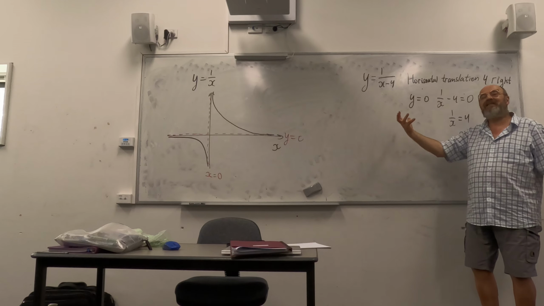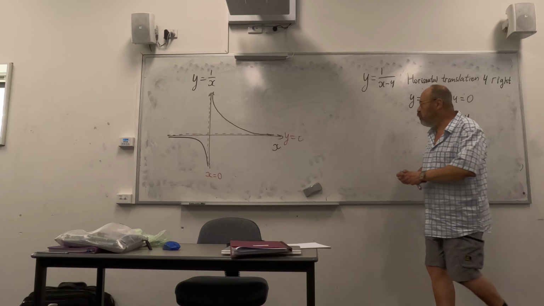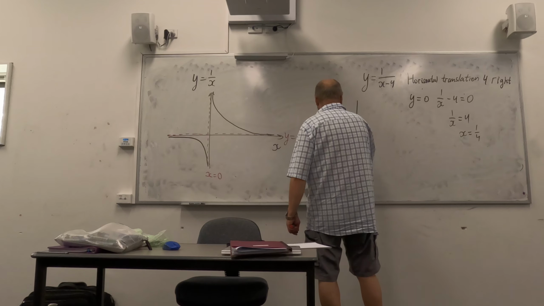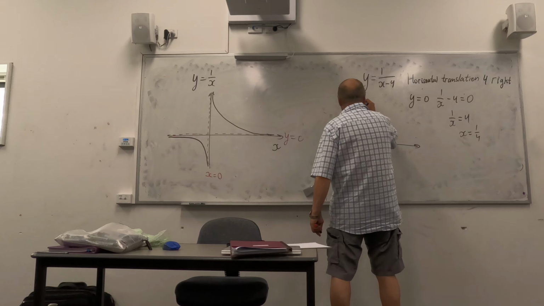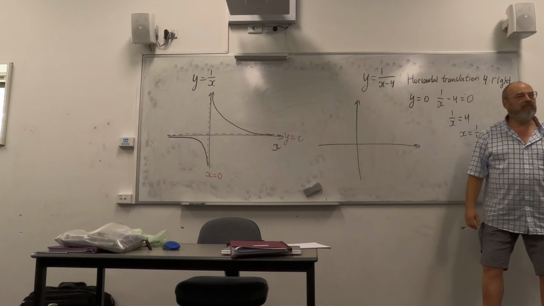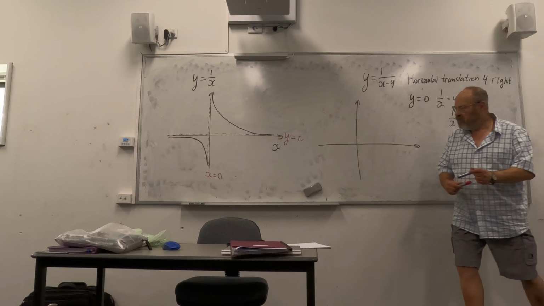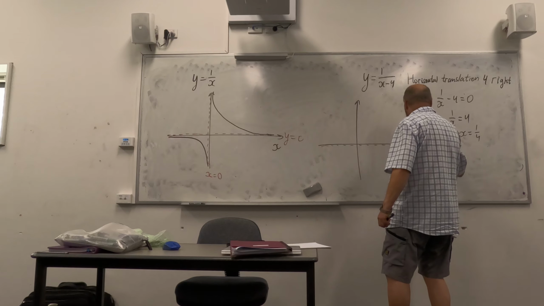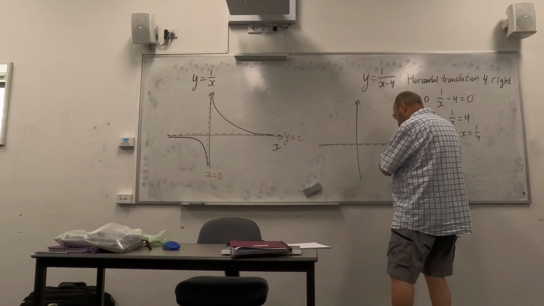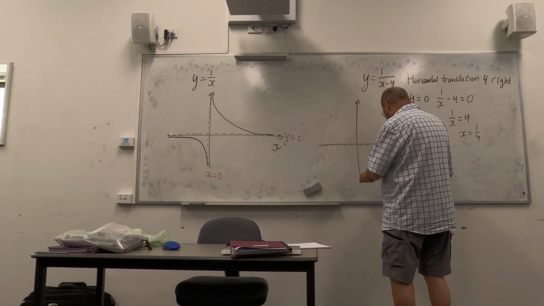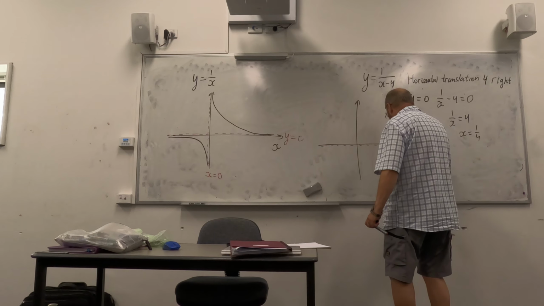That's why it moves right. Will the horizontal asymptote change? No, we still have y equals 0. But now the vertical asymptote becomes x equals 4.